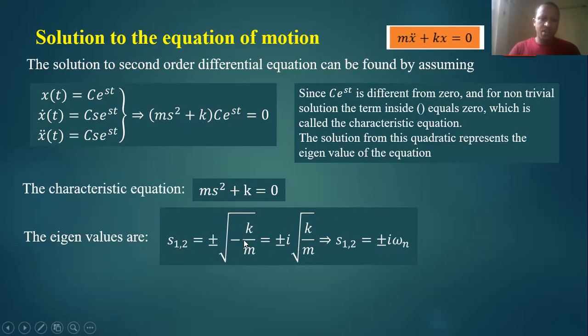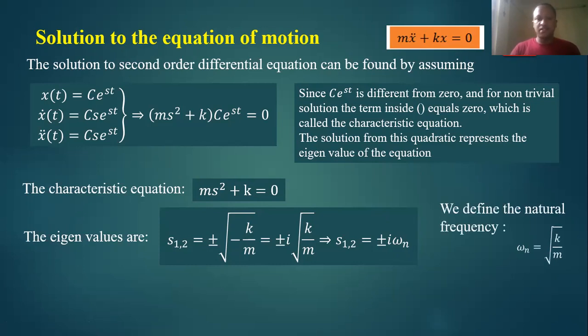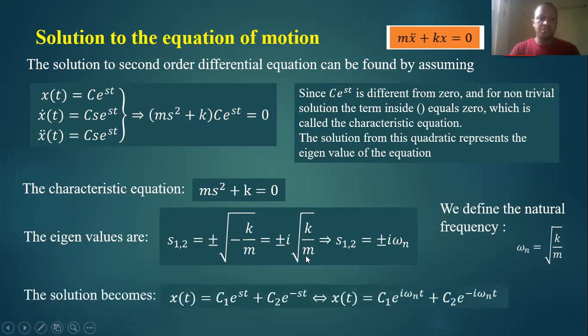Because we have a negative value, which leads to the complex form. Here i indicates the complex number, the radical of minus 1. The term square root of k over m is defined as the natural frequency of the system.